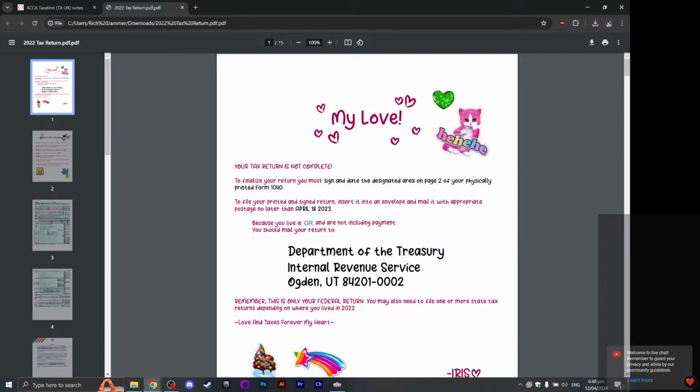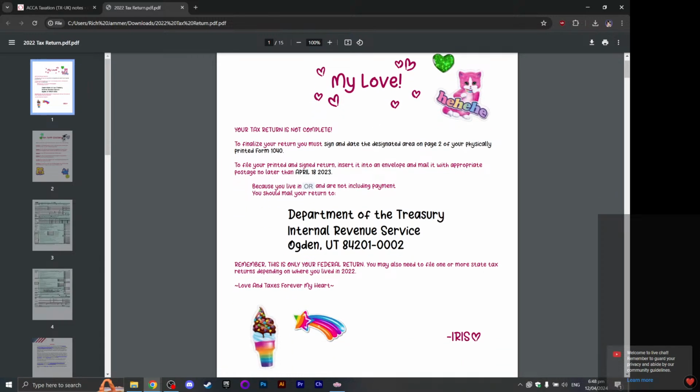Okay, your tax return is not complete. To finalize your tax return, you must sign and date the designated area on page 2 of your physically printed Form 1040. Insert your printed and signed return into your envelope, and mail it with appropriate postage no later than 18 April.